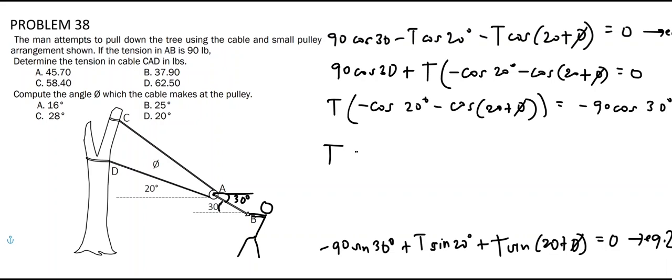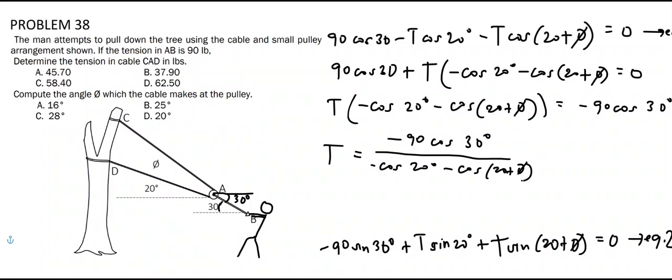So we have t equal to negative 90 cosine of 30 degrees divided by negative cosine of 20 degrees minus cosine of 20 plus phi degrees. And we can plug in this equation to the second equation.